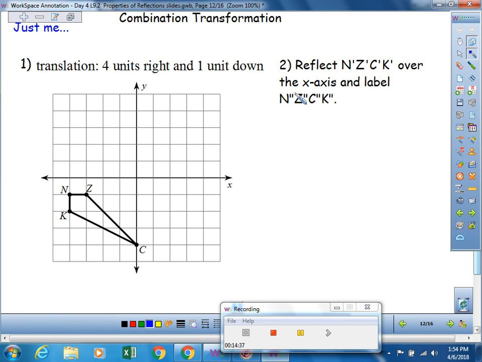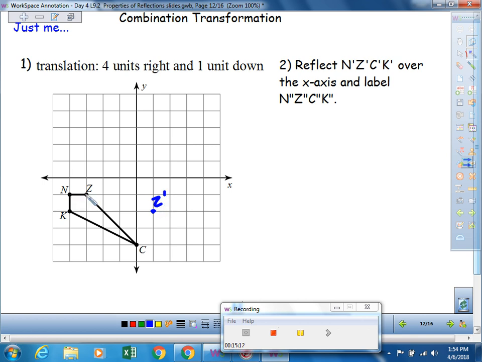So now we're just going to take our shape and do 2 transformations. The first one they ask us to do is a translation. Remember, that's just a slide. So the physical orientation will stay the same. We're going 4 units right, 1 unit down. So you just take a point and count. 1, 2, 3, 4, 1 unit down, and you label it Z prime.